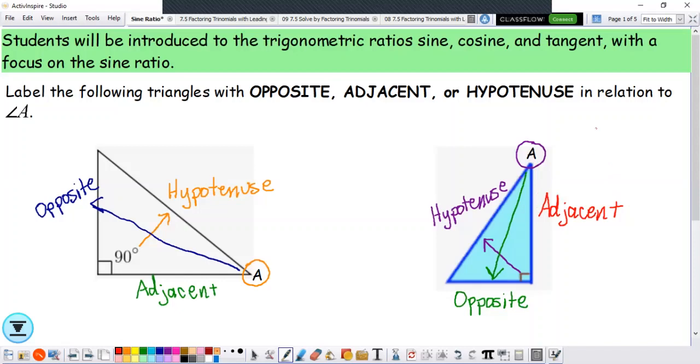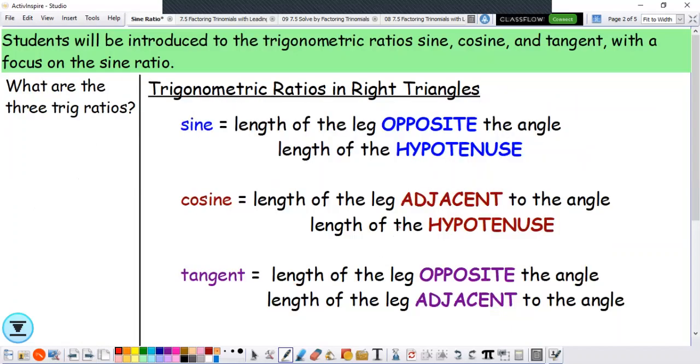So when we're doing any right triangle trig, you're going to have to be able to recognize in relation to an acute angle, which side of the triangle is the hypotenuse, which side will be opposite of the angle, and which side will be adjacent to the angle. And this is important because we have three different ratios that we use for trig ratios.